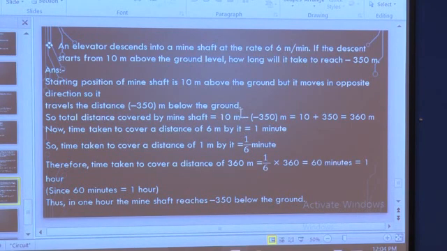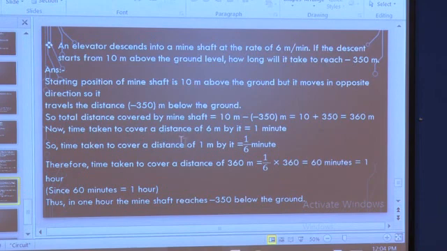So we write the operation as 10 minus minus 350, and minus into minus is plus. So it is 350, just a simple addition. This is 350 plus 10, which is 360 meters. Now the time taken to cover a distance of 6 meters is equal to 1 minute.